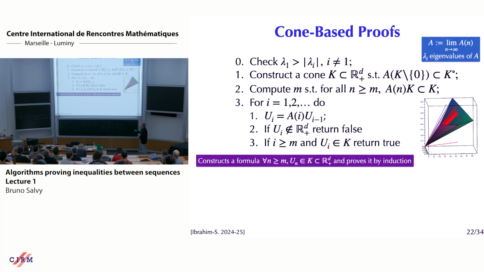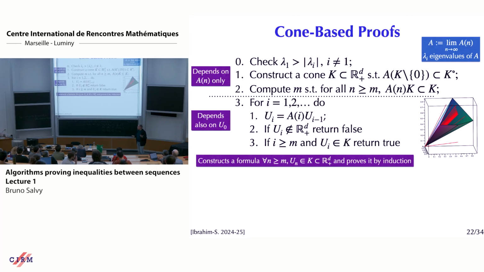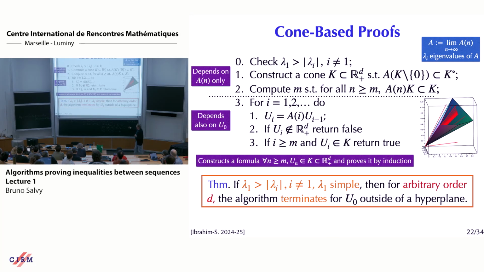If the index is larger than this M that you found in step 2, and it's inside the cone, you're good, you've proved positivity. And then that's it. The only delicate point with this algorithm is that it may not terminate because of this infinite loop here. And the result is that it often terminates. It terminates for u0 outside a hyperplane.